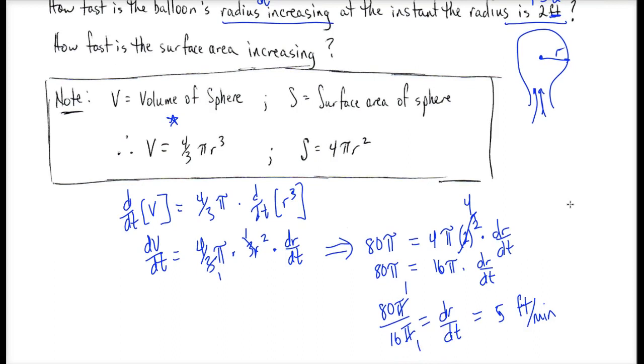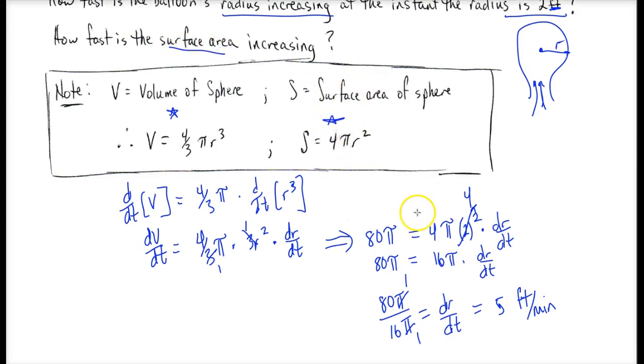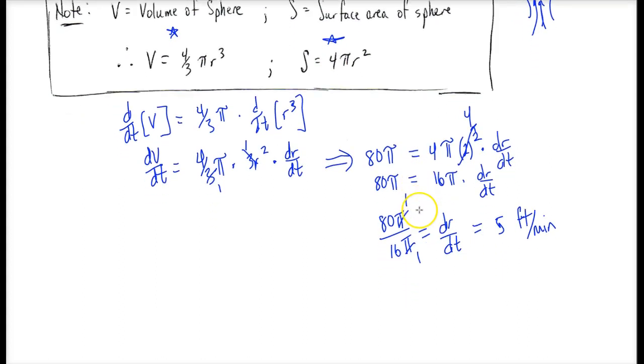So we know the rate at which the radius is increasing. Now let's continue on and figure out how fast our surface area is increasing. Now we're going to use this equation. We'll call this our part A, this is our part B. We'll take the derivative with respect to t of both sides of this equation.